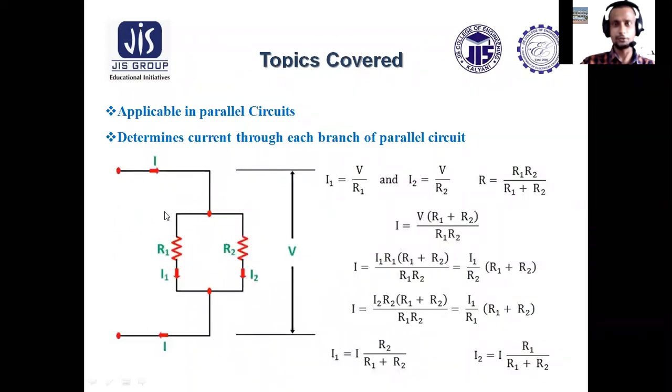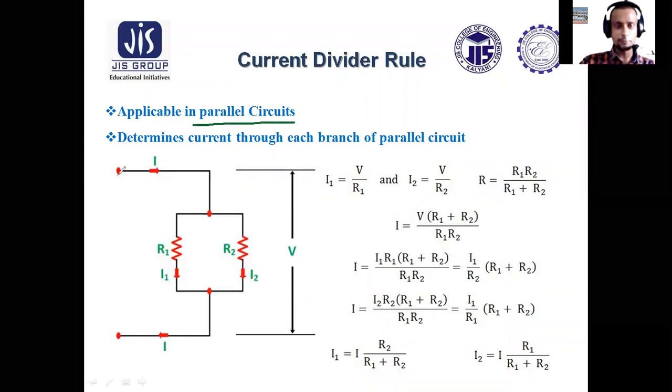current divider rule. See, current divider rule is applicable in parallel circuits. Suppose there is a voltage source applied. Say a DC voltage source is applied here. Whenever a voltage source is applied, due to the presence of these resistances, a current will start flowing through this path.